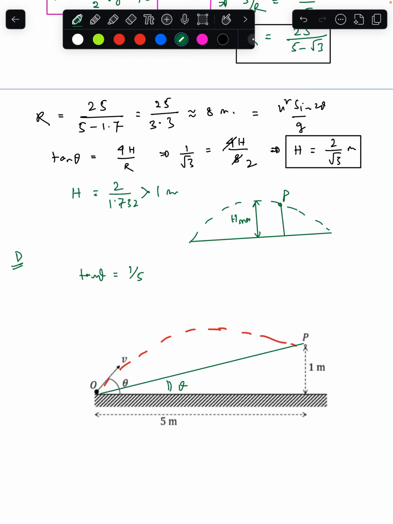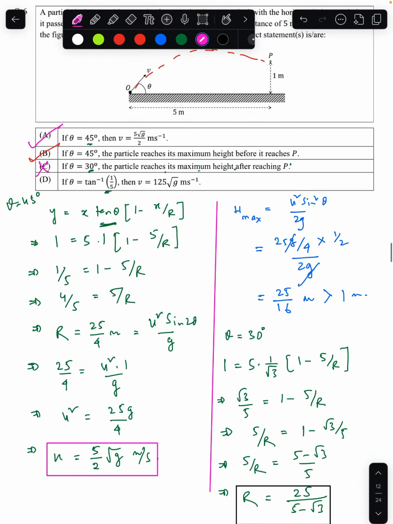If tan theta is equal to 1 by 5, then motion under gravity says that if you project a particle in this direction, it will never reach point P, because the projectile motion will look like this. So if you project a particle at an angle where tan theta is equal to 1 by 5, the particle will never reach point P. So by using common sense, option D is wrong.